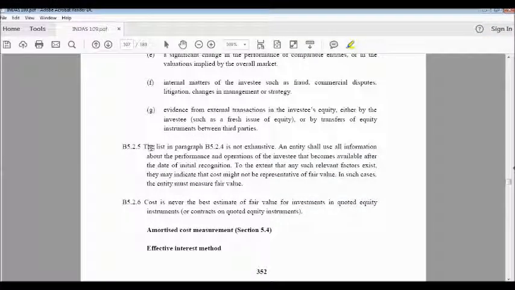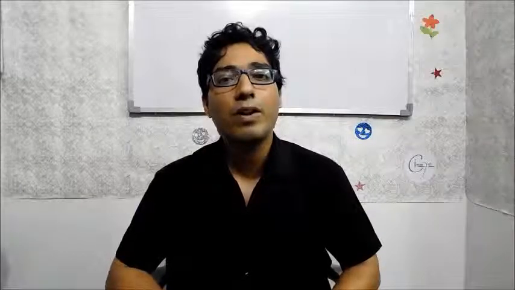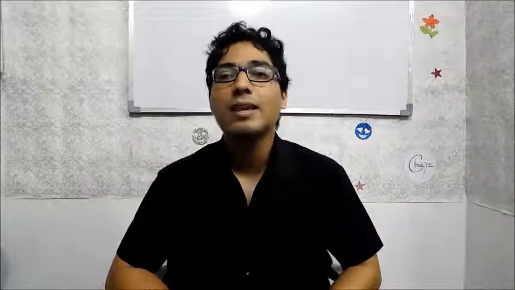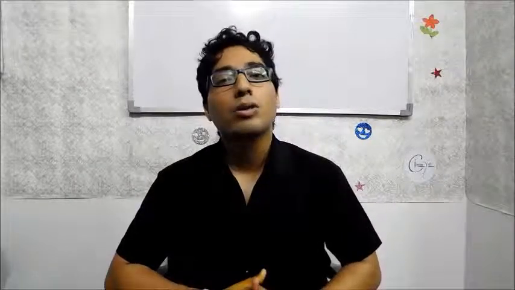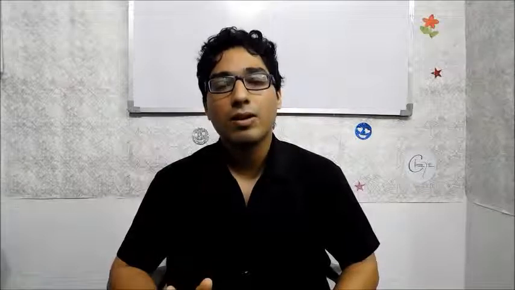And an important paragraph is paragraph number B5.2.6, which says cost is never the best estimate of fair value for investment in quoted equity instrument. So paragraph number B5.2.6 clearly says in case the investment is a quoted equity share, then cost cannot be the best evidence of the fair value.